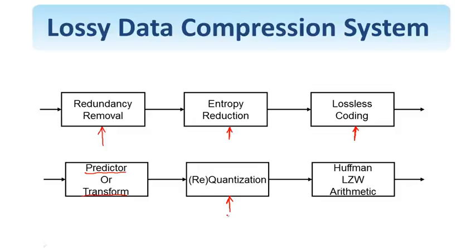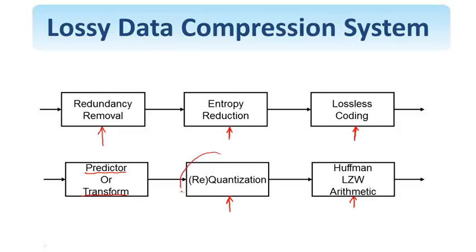Finally, in performing lossless encoding of either the quantized prediction error or the transform coefficients, any of the lossless techniques we covered during last week, such as Huffman, LZW, and arithmetic coding and their variants, can be utilized.